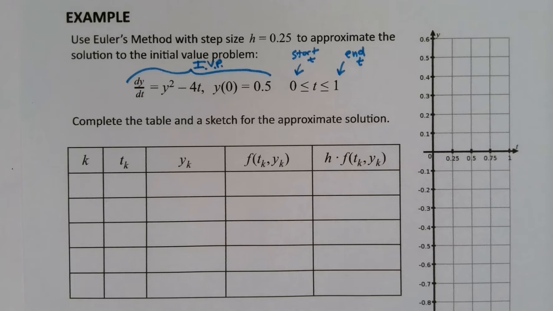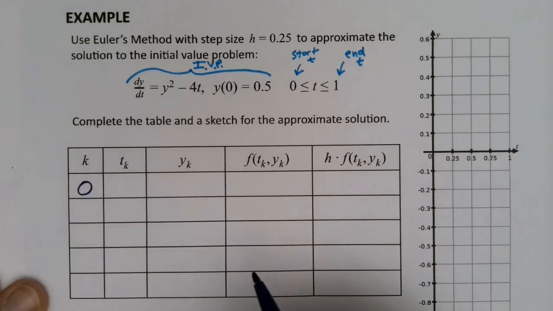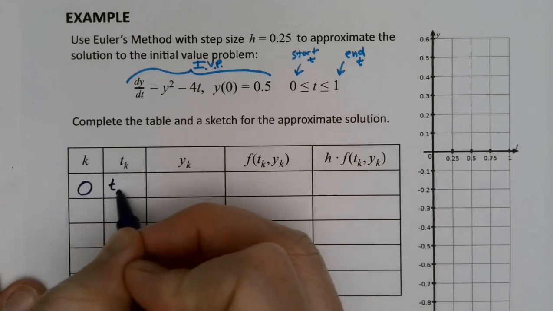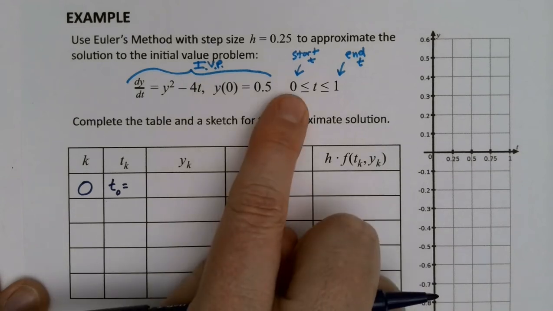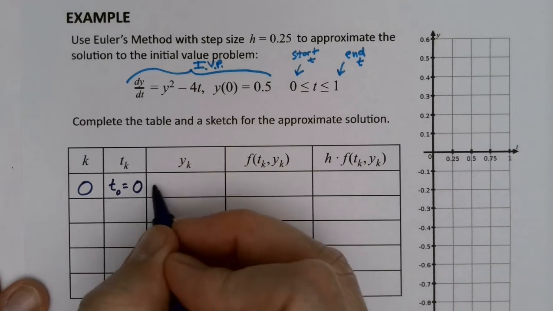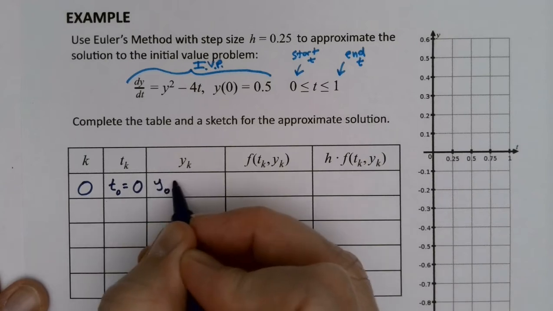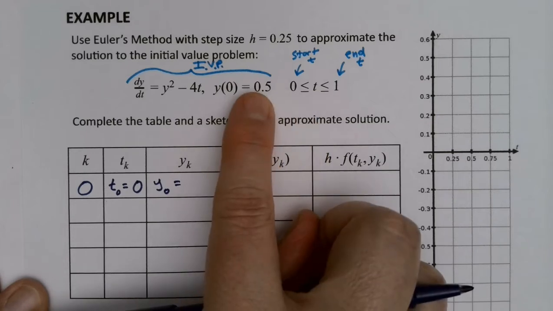And the first 2 columns are really saying, okay, what number step are we on? And we're always going to start with the 0th step. So what is t with a little subscript 0? What is our initial t value? That's our start t value, that's 0. And while we're at it, we can fill in our y sub 0, our starting y value, and that is right here, 0.5.